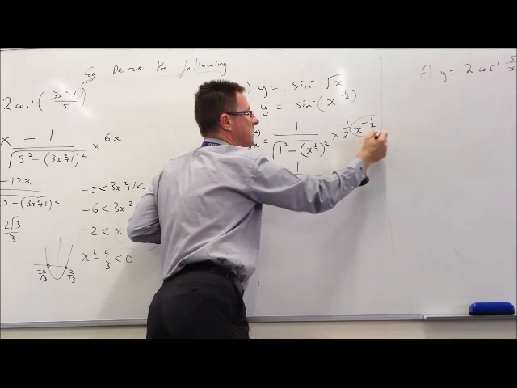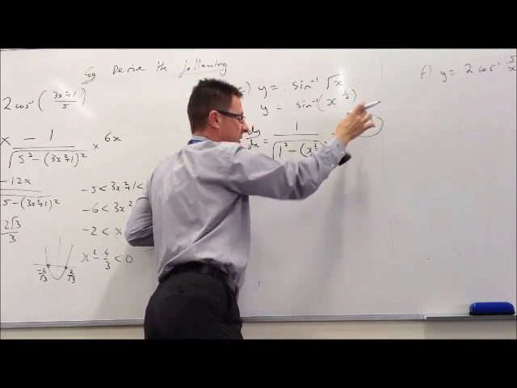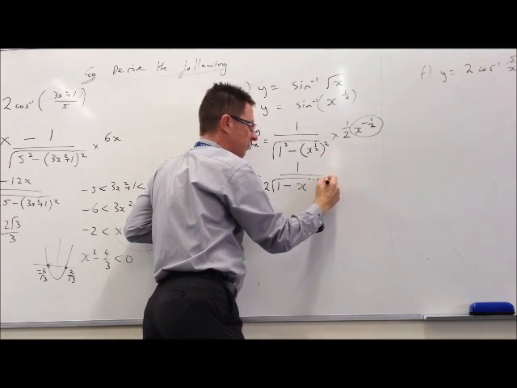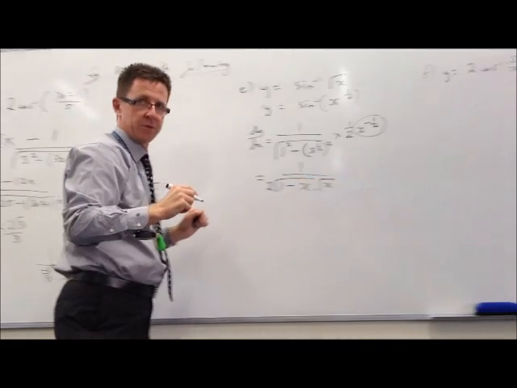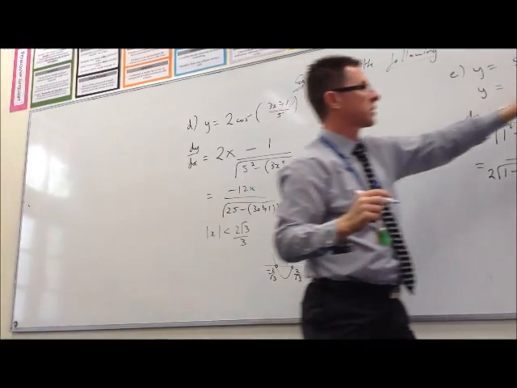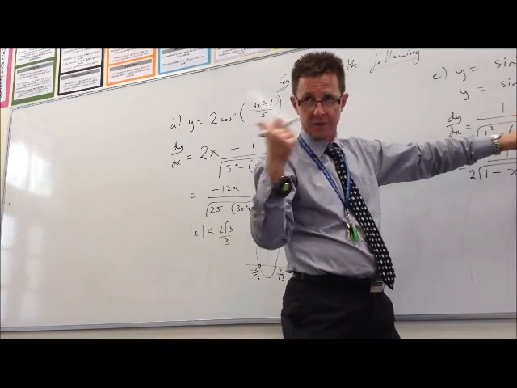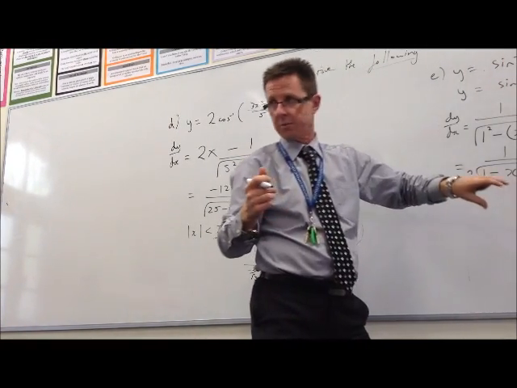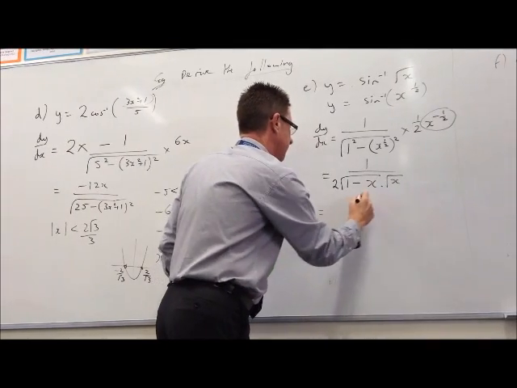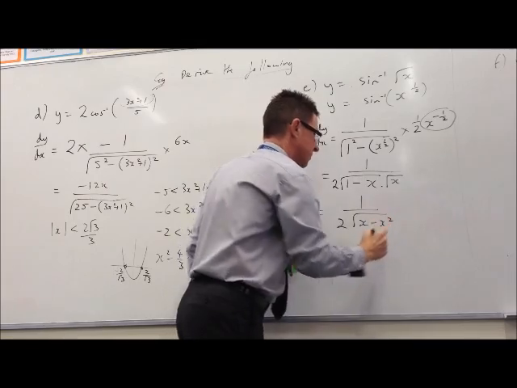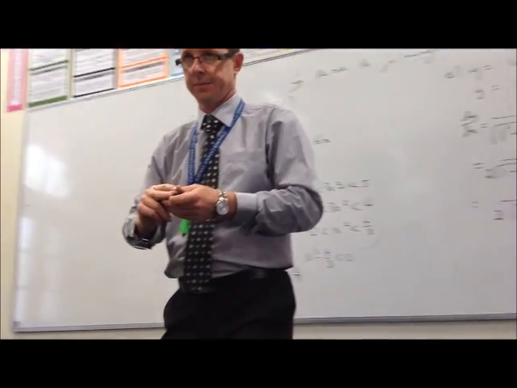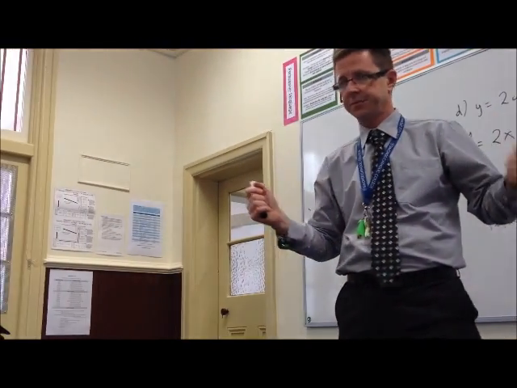And this x to the negative half, I can bring to the bottom and make it root x. Are we happy with that? x to the negative half down to the bottom line to make it positive, 2 down to the bottom line. And you've got the answer 1 over 2 root x minus x squared. That's my derivative.